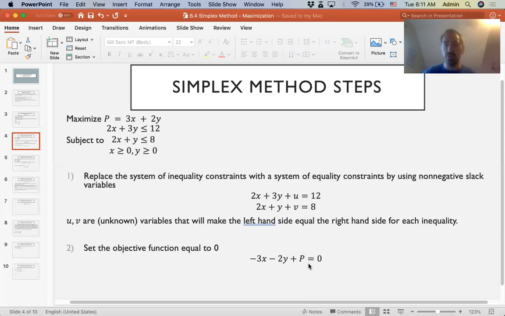So we're going to want to put this in the form of a matrix. We need this system of linear equations, so we take our equality constraints and our objective function and set that up as a system of linear equations.